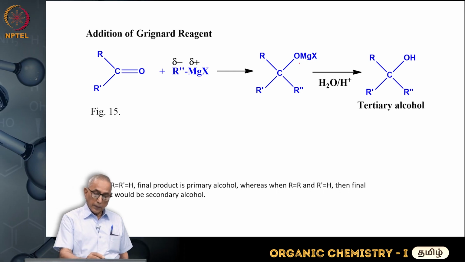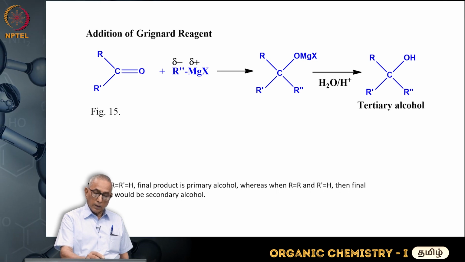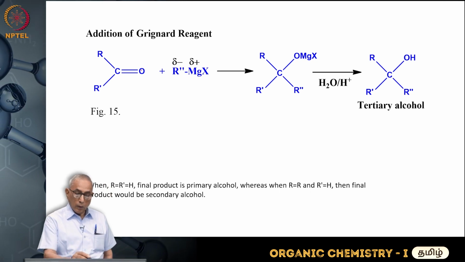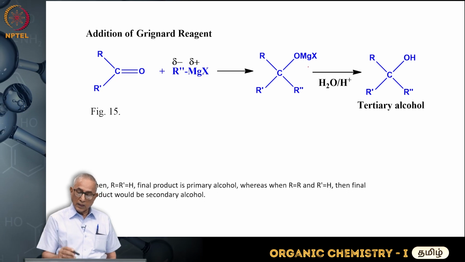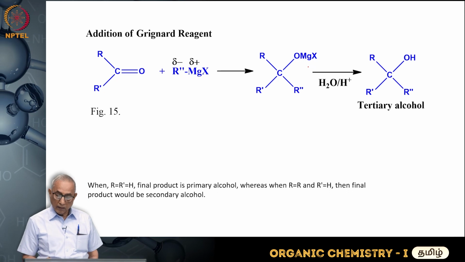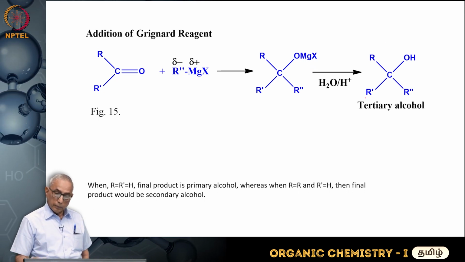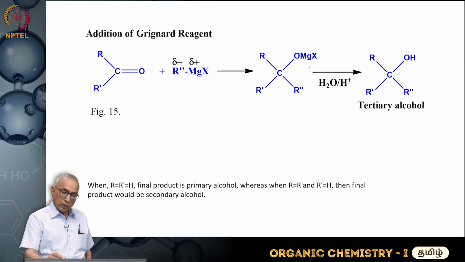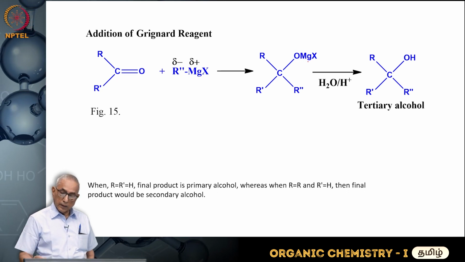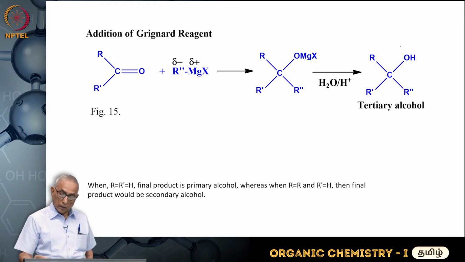When R double prime attacks, this bond is formed and it becomes CO minus, and OMgX attaches to this O minus. If you break it with water or a little bit of acid, you will get the OH group. The proton will attach and form the alcohol.